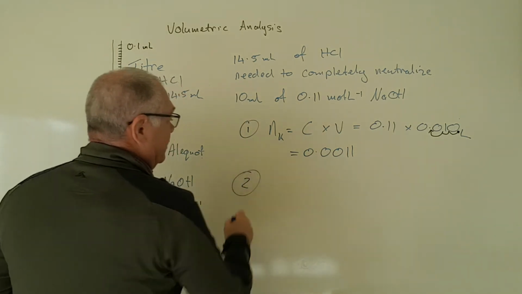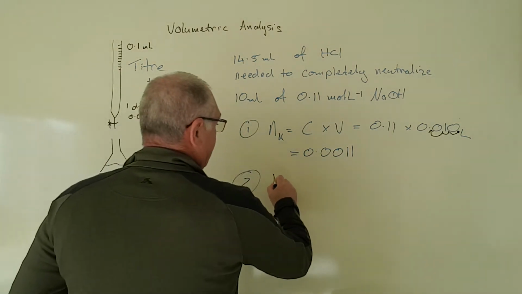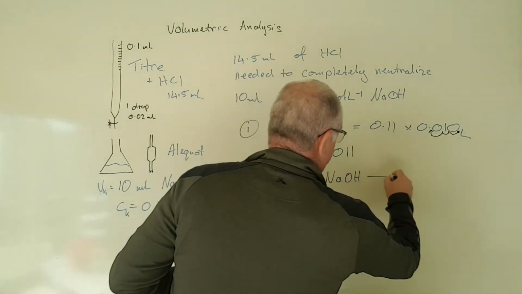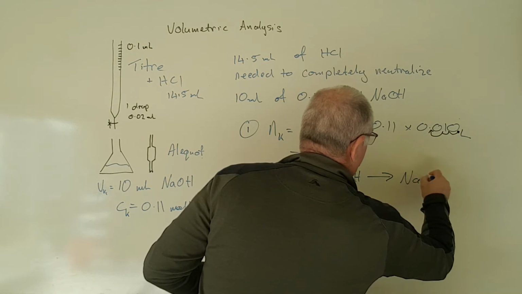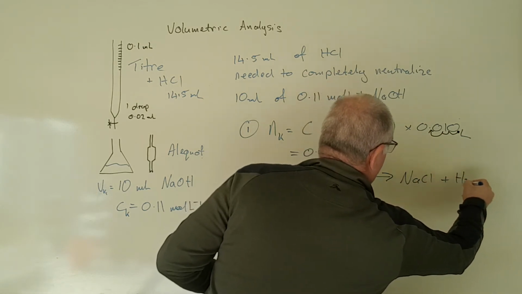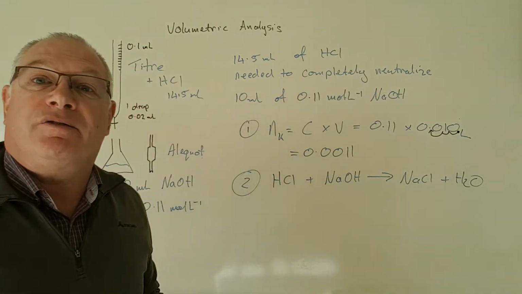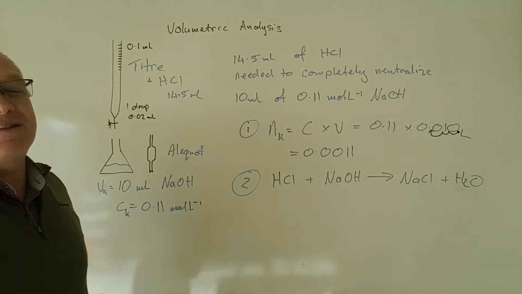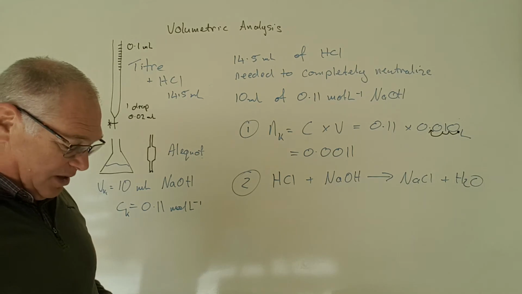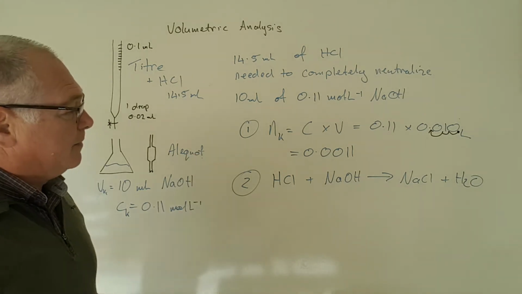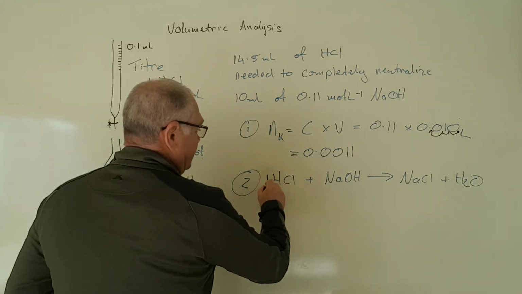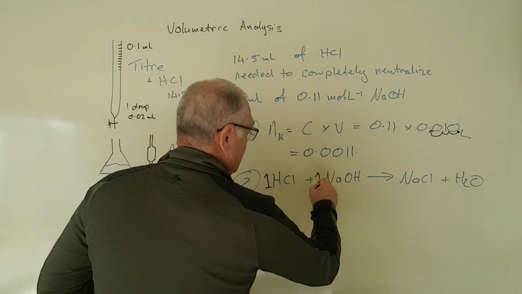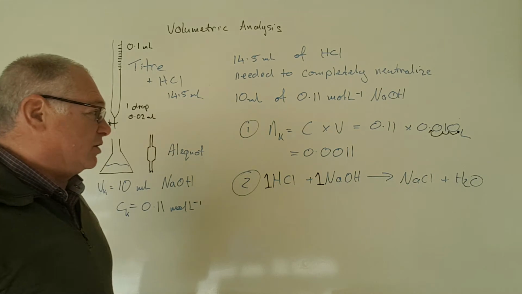Step 2, the balanced equation. HCl plus NaOH gives me sodium chloride and water. Generally, the equation will be given to you, particularly if it's an assessment. So this is a 1-to-1, and most of them will be 1-to-1, where 1 mole of HCl reacts with 1 mole of sodium hydroxide.